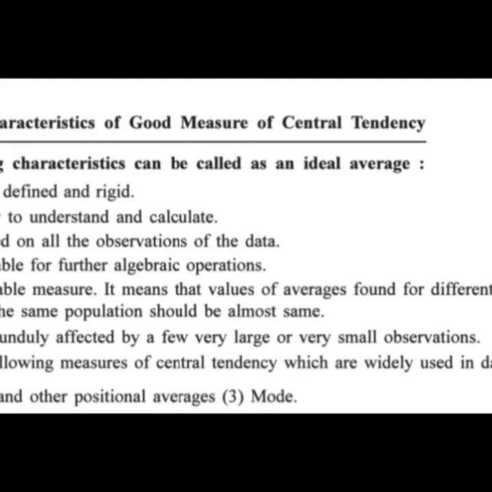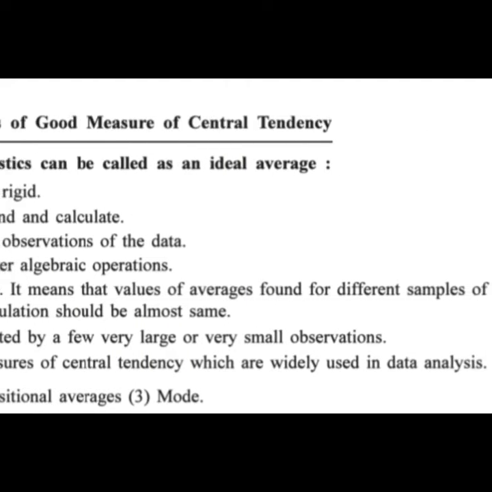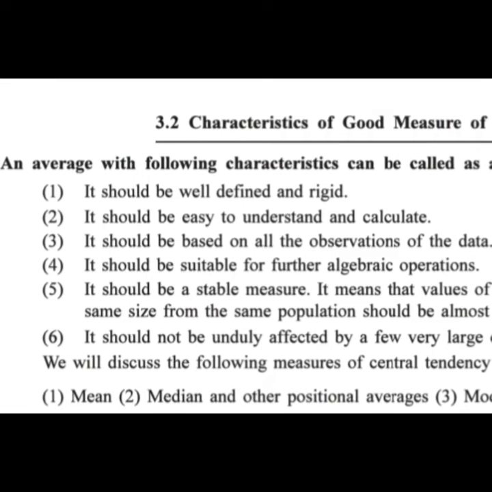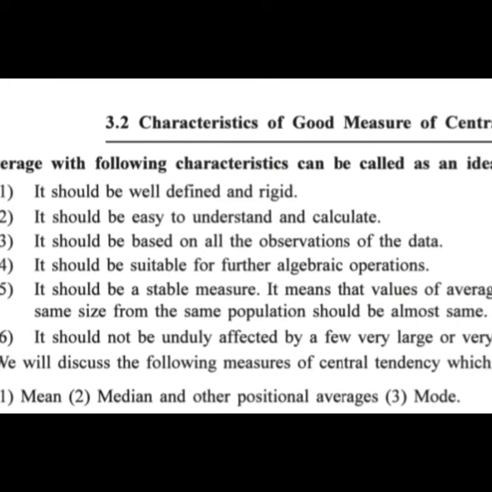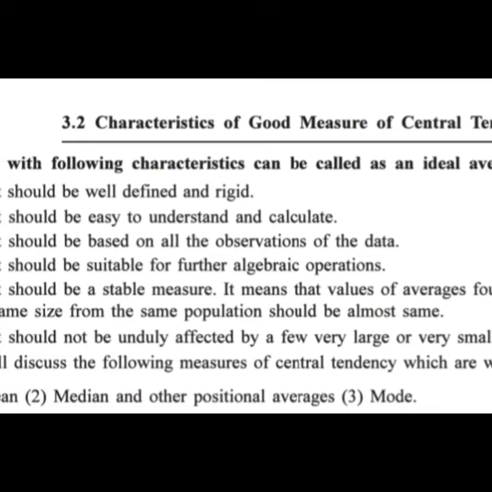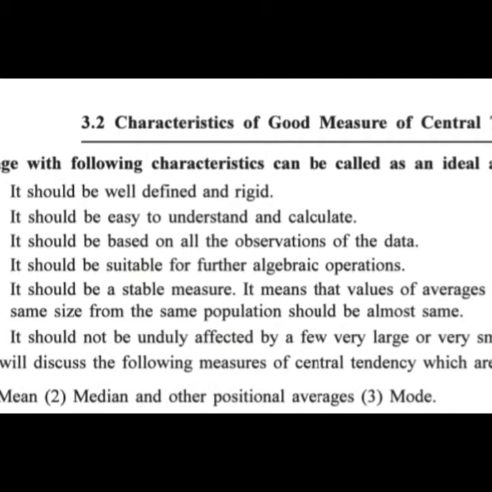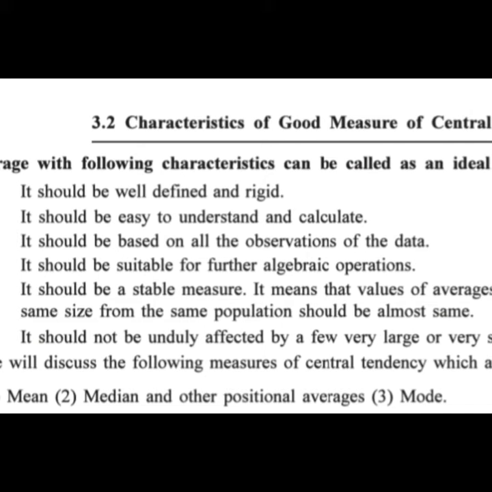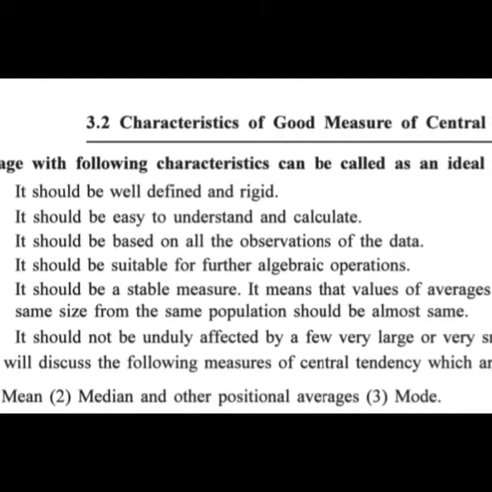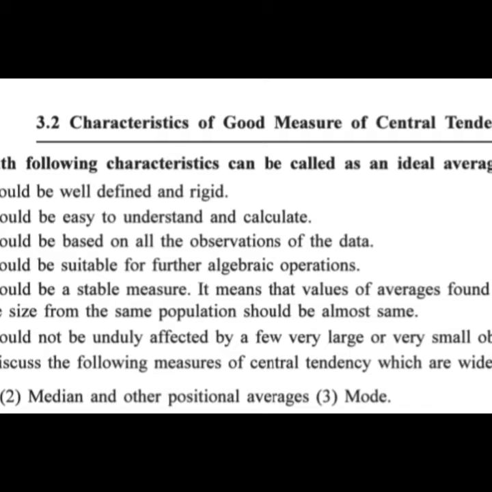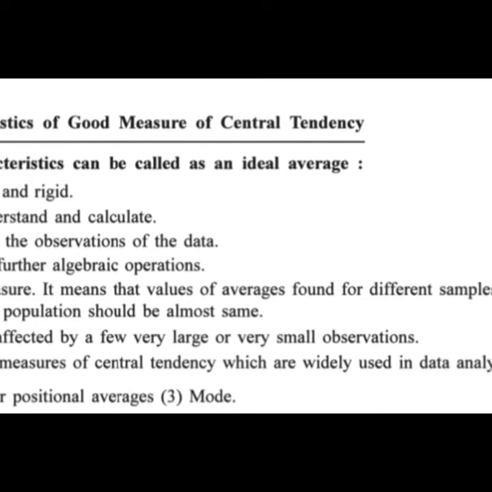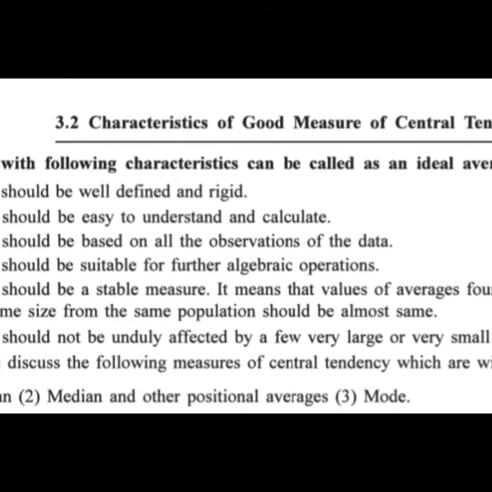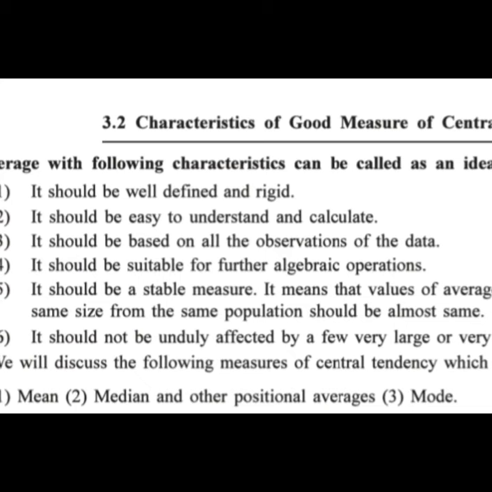It means the values of the averages found for different samples of the same size from the same population should be almost the same. While we talk about the average, or the measure of central tendency, it should be very much stable, that whatever averages you have found from samples of the same size from the population, they should almost be the same.